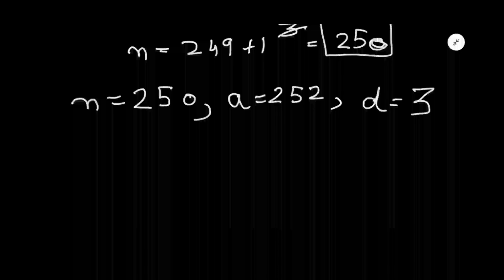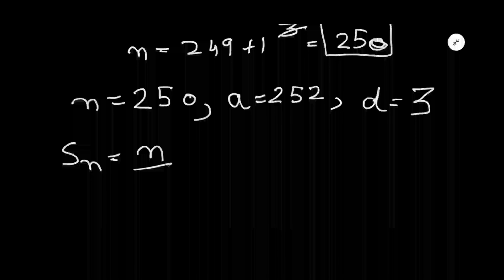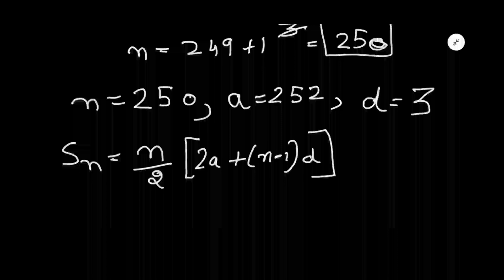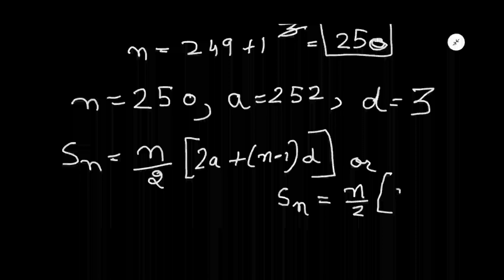So in order to find the sum of the arithmetic progression, we have two formulas. One is n by 2 into 2a plus (n minus 1)d. And if we have first term and last term, this formula becomes n by 2 into (a plus l). l is also known as the nth term, which is an.